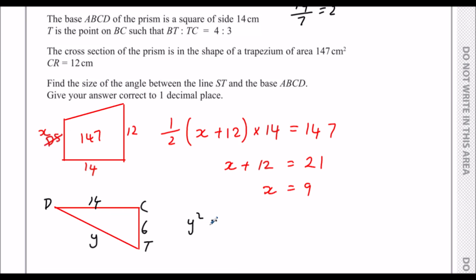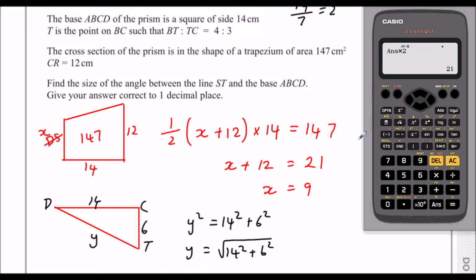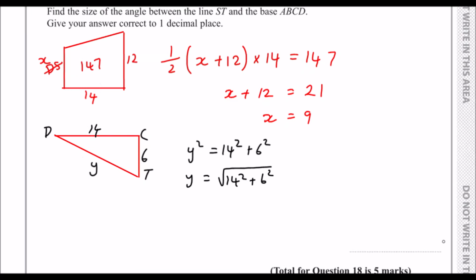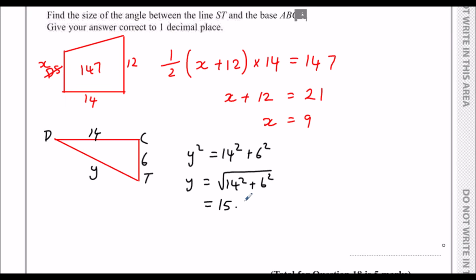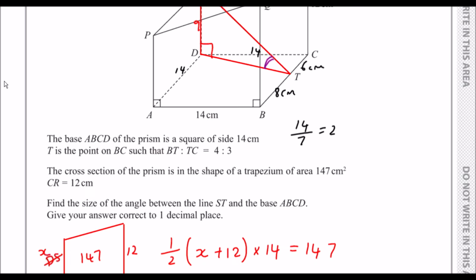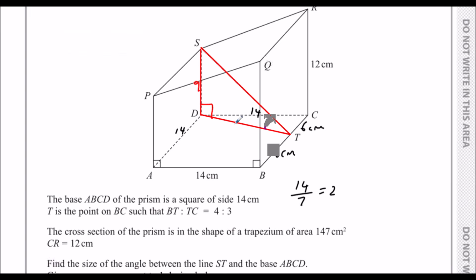So y squared is equal to 14 squared plus 6 squared. So to get y by itself, we square root. So it's the square root of 14 squared plus 6 squared. That's root 58 or 15.23. So that's D to T, 15.23.